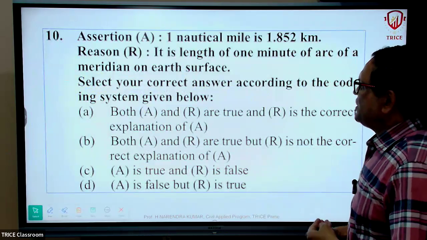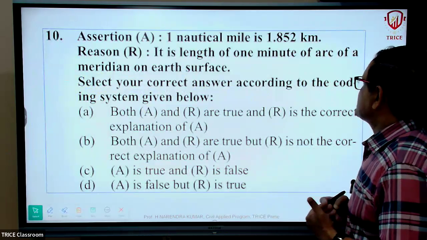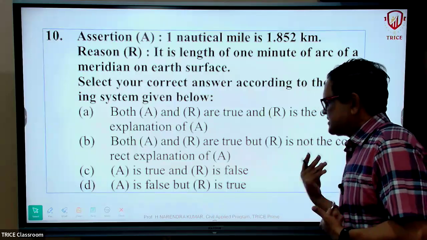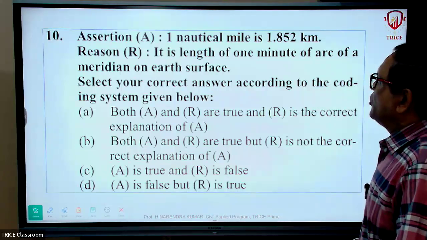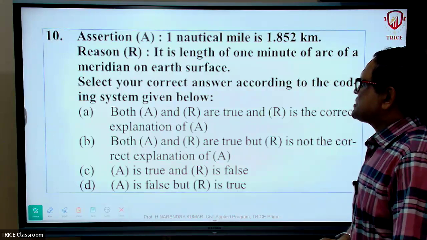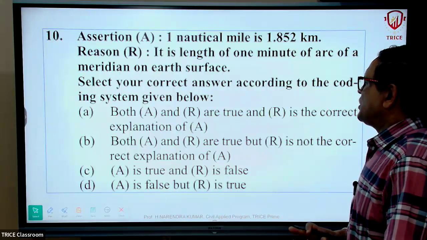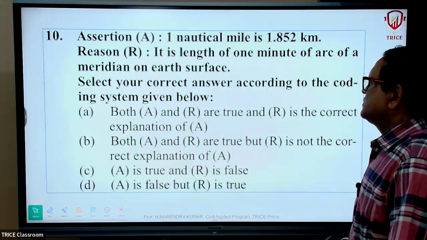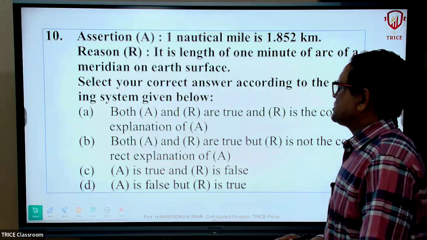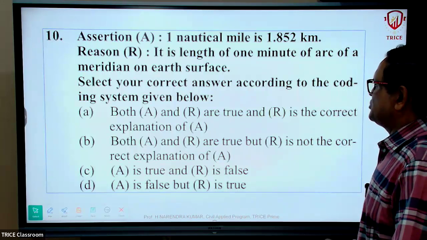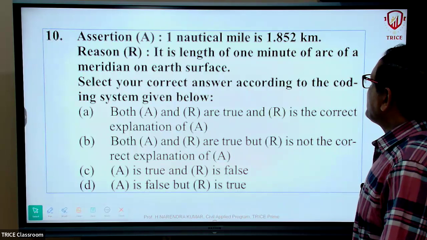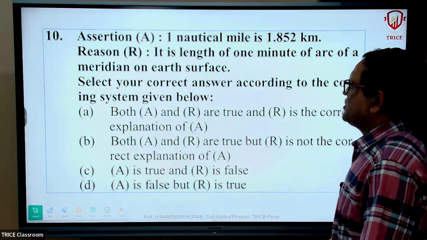Now the complexity increases because you need to remember a few things in order to answer this. This question deals with 2 statements. One is called the assertion, the second one is called the reason. They usually give one such type of question in the examination. The assertion says 1 nautical mile is 1.852 kilometer.